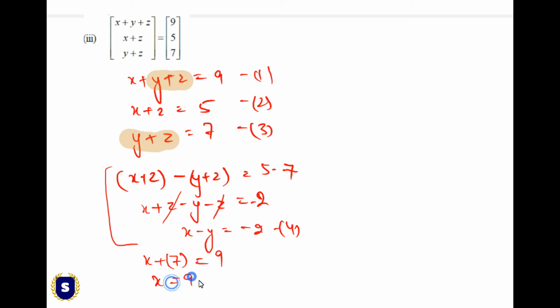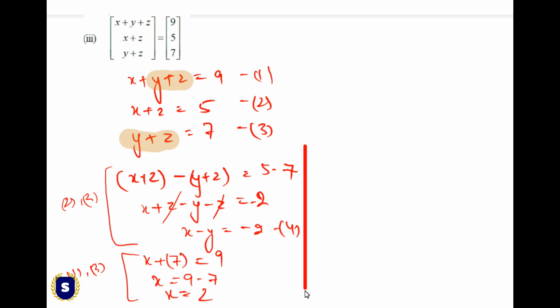So x is equal to 9 minus 7 is equal to 2. The earlier one was from equation 2 and 3, this was from equation 1 and 3. Okay, so we got the value of x as 2, right?